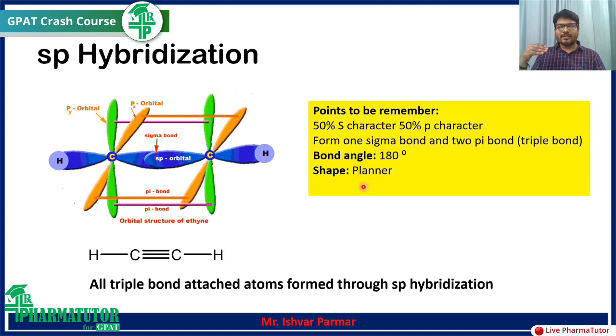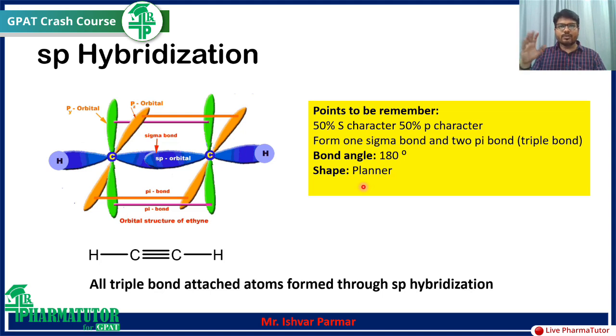As the s character is more, the bond is stronger. So if we compare single bond, double bond and triple bond, which will be stronger? You can say a triple bond is stronger than a double bond, which is stronger than a single bond.